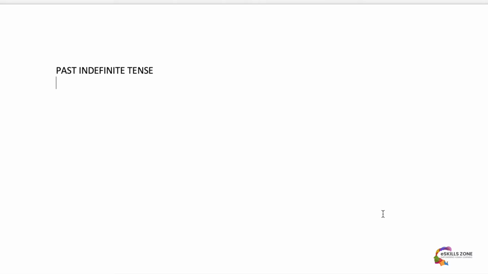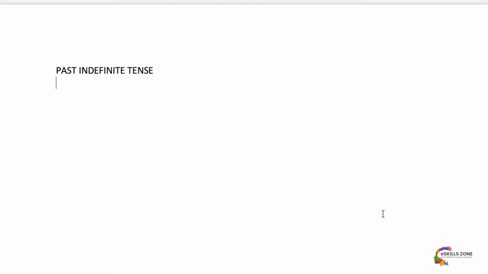Since we have gone through all 12 tenses, and tenses have a very vital and important role when it comes to learning English as a language, because it defines the time and gives a clear indication when we speak about any situation or event, whether it has happened, will happen, or is happening.